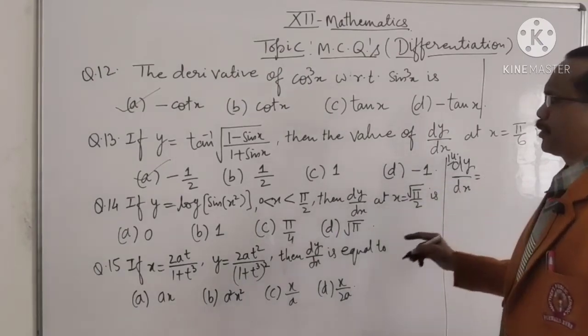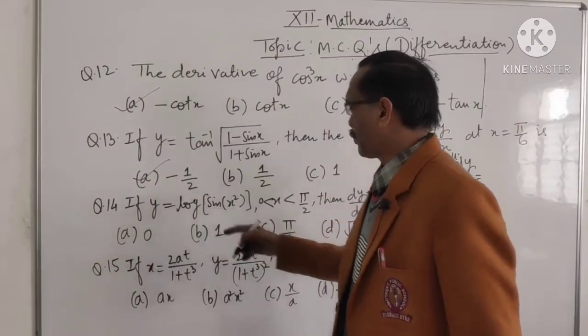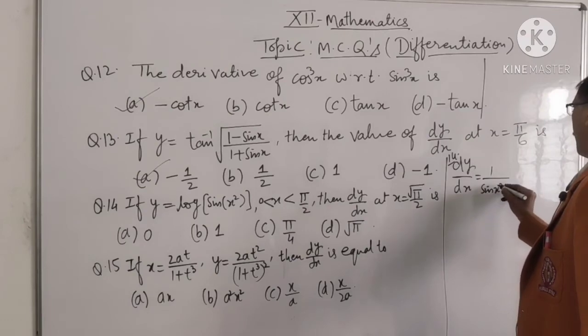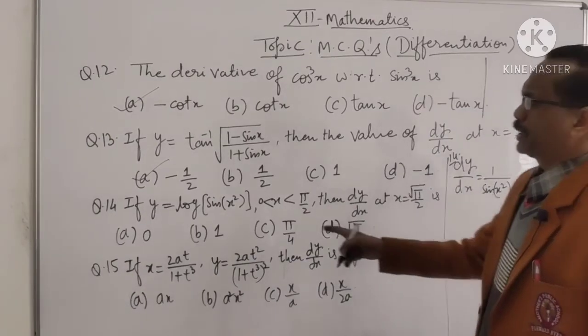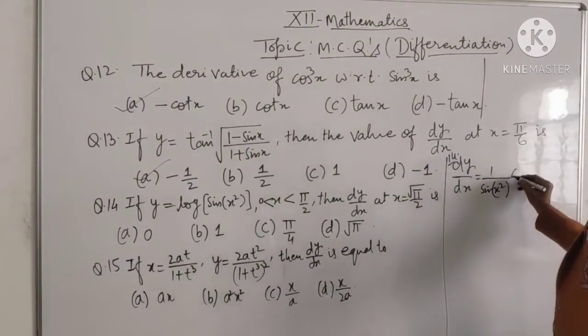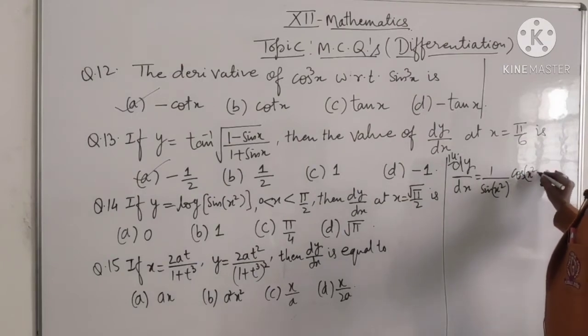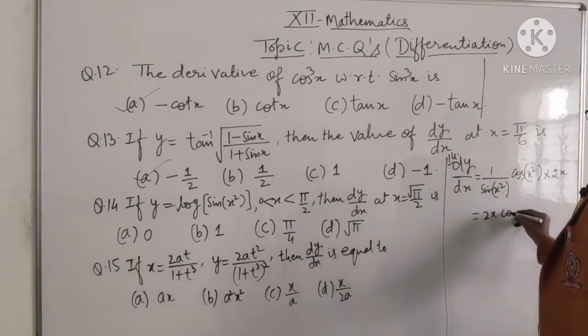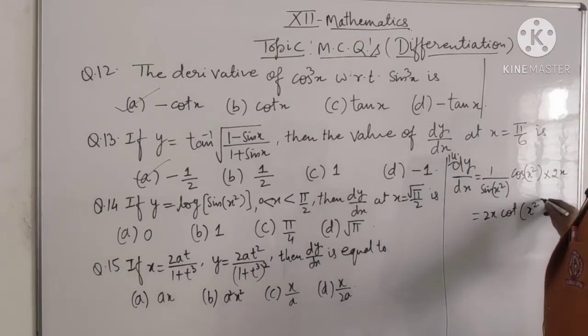The derivative of log x is 1 upon x. So it is 1 upon sin x square. Then d over dx of sin is cos x square. Then the derivative of x square is 2x. So it is 2x into cot x square.